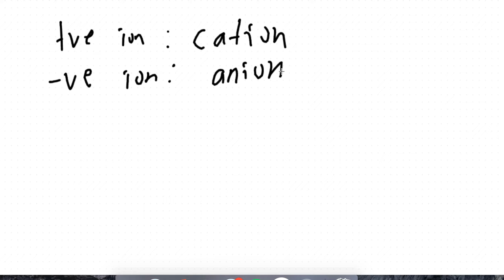Okay. So, I'm going to do a few more formations of ionic compounds for you guys. Aluminium fluoride. Aluminium is Al and electronic configuration is 2.8.3. So, for it to become an ion, it needs to lose 3 electrons. So, it's Al3 plus.